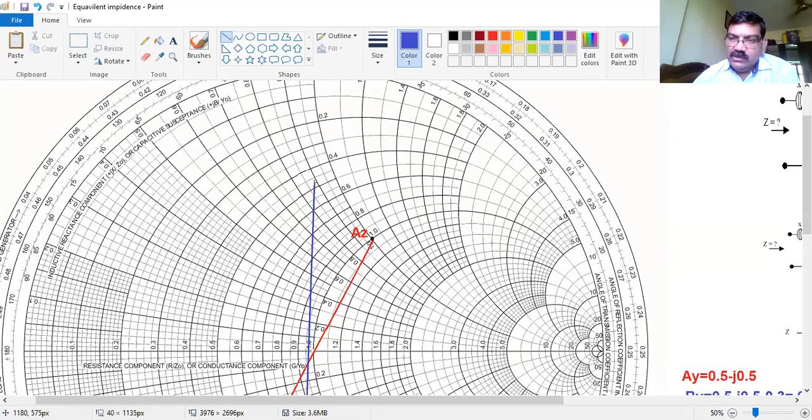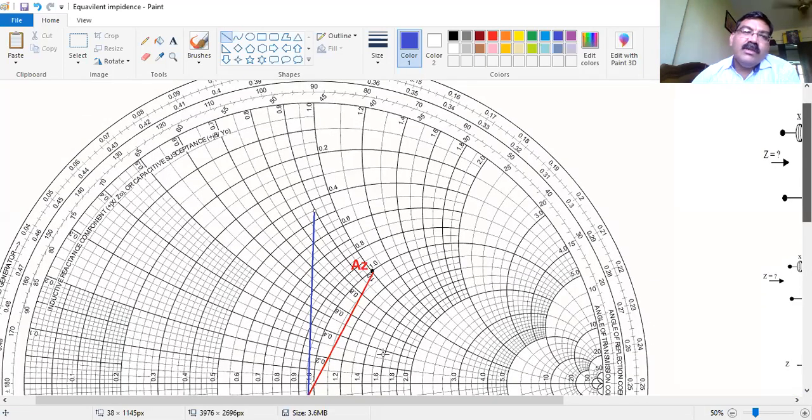Just check: 0.55 is between 0.5 and 0.6, so this is the circle. Here I should get 0.9, so it is 0.55 and here I should get it.